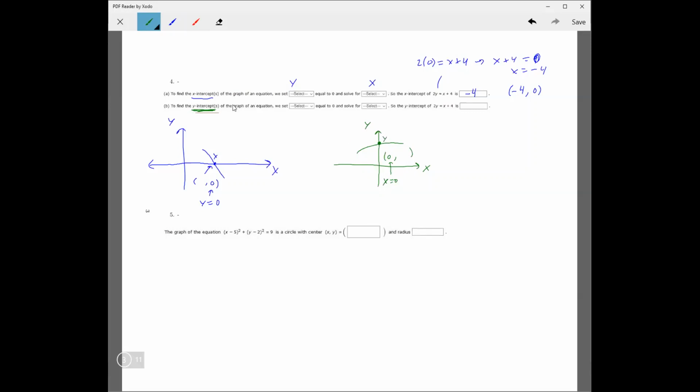And so what you're going to do is set x equal to 0 and then solve for y. Okay, so then here, you're going to set the x equal to 0, like that. So y is going to be, this is 4, so y is going to be 2. Which also perhaps could be expressed as 0, 2.